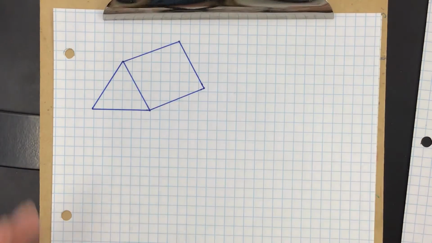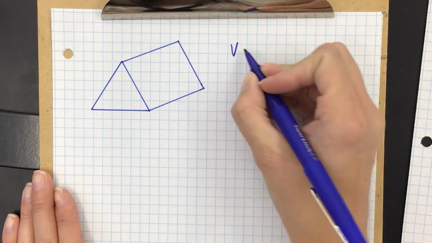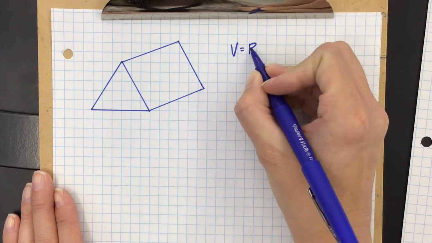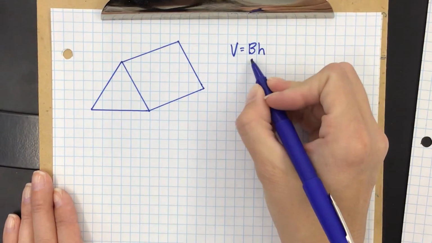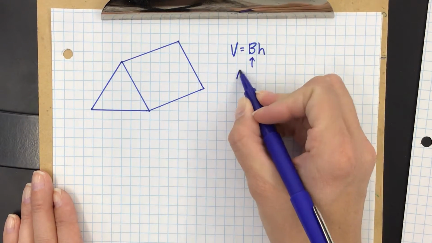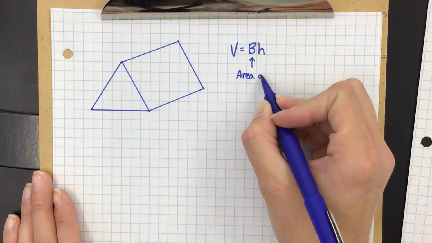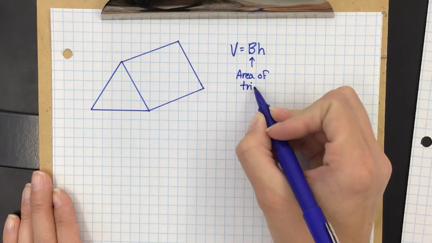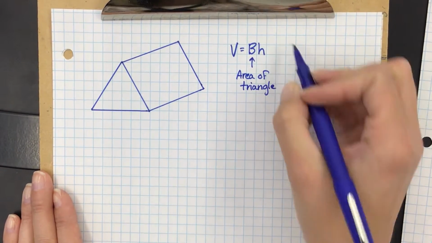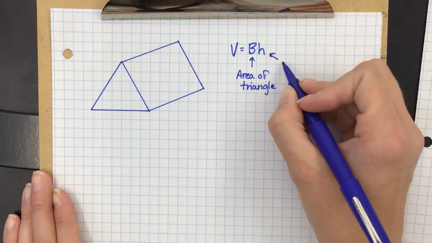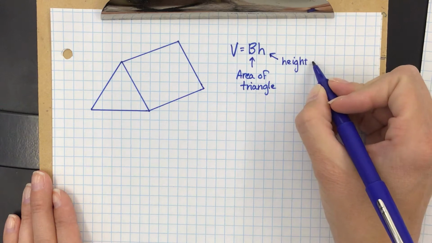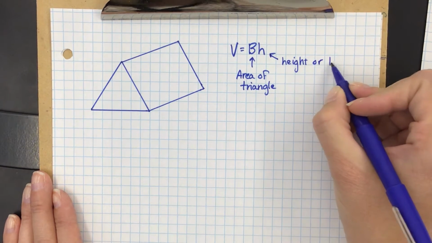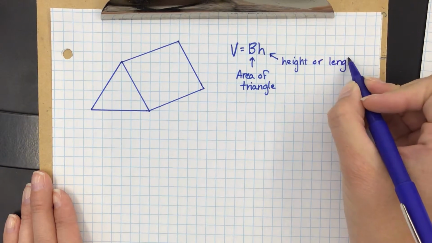Okay, so on your formula sheet, you're going to see that its volume is equal to capital B times the height. But really what this is, it's the area of the triangle times the height or length of the prism, depending on whether it's on its side or not.